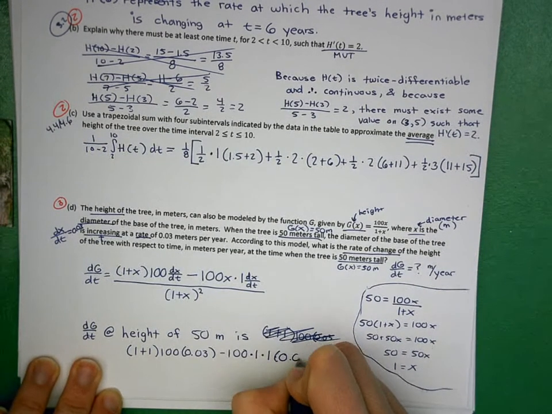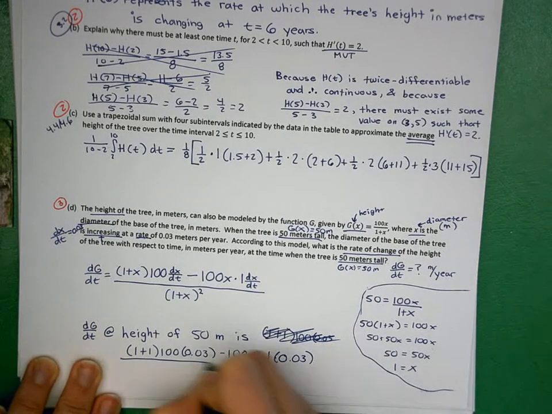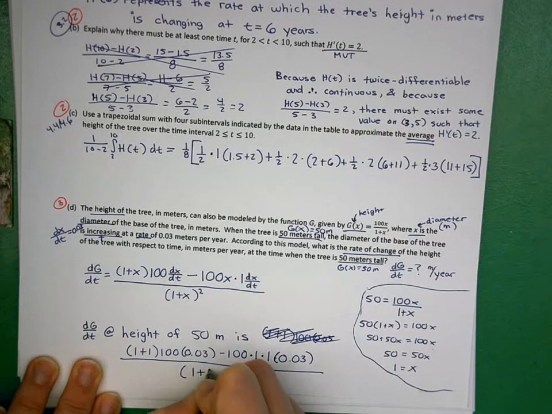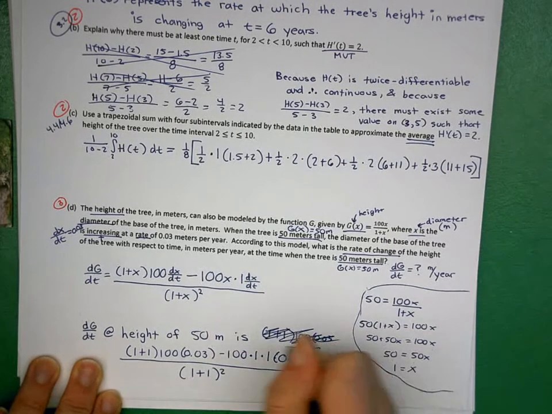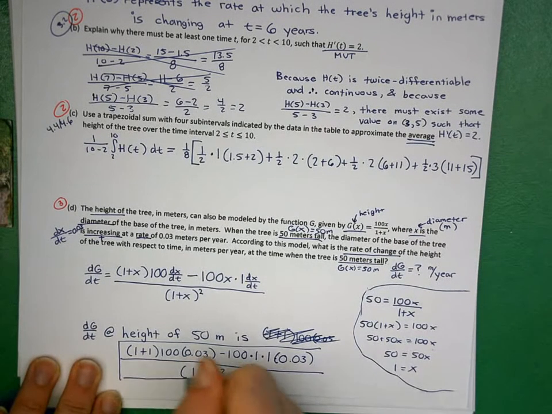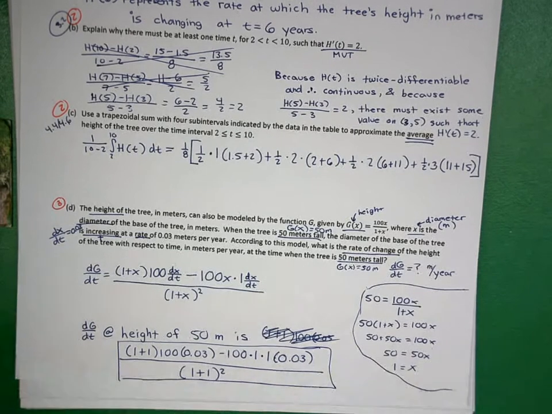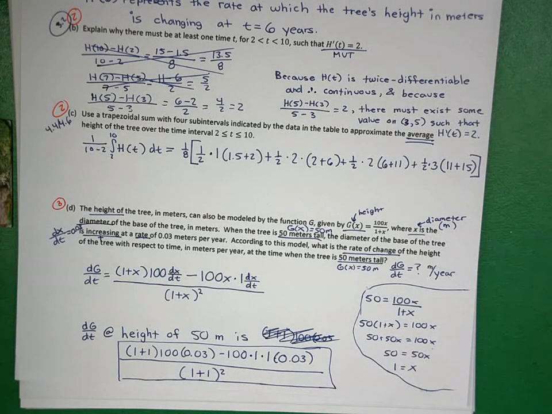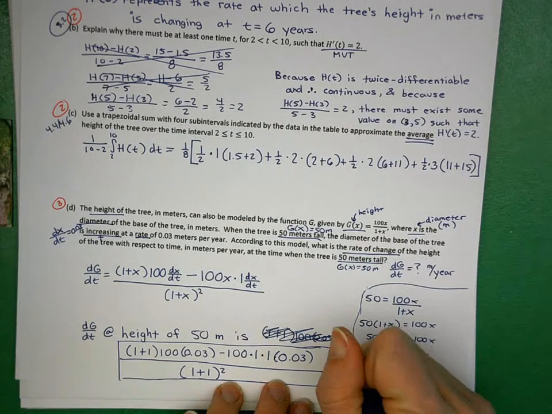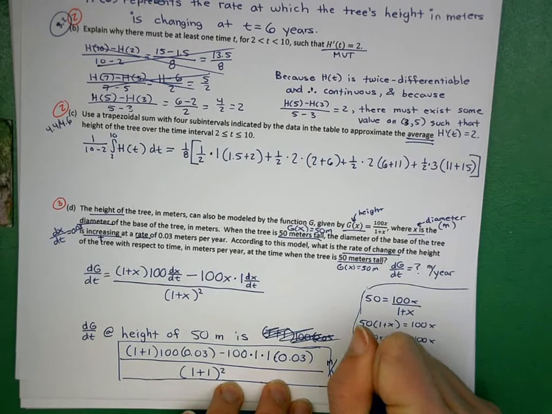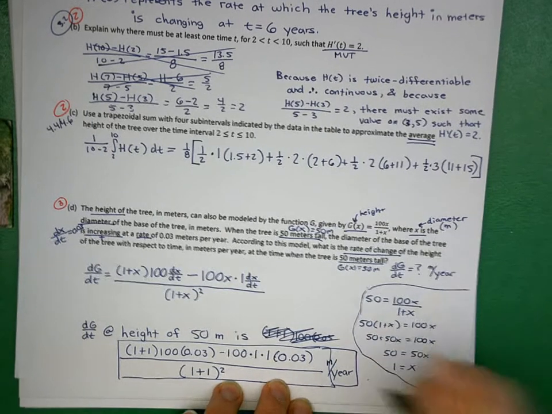All over my x, which is 1. And then definitely don't simplify. There's way too many places in this process where you could make an error. If you do choose to simplify, it does simplify down to 3/4, but again, it's a waste of time. And then meters per year were my units. Okay, and that was your third point, came from that answer.